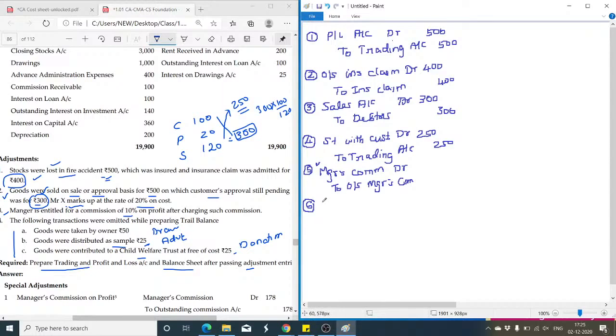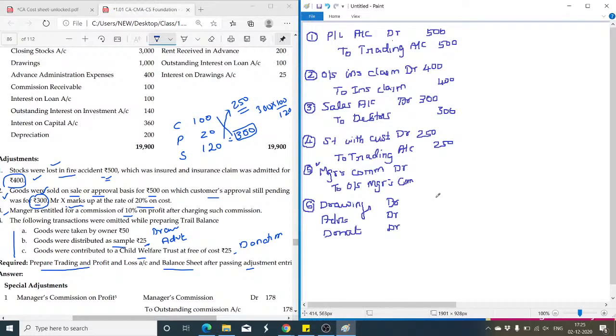Here, the entry will be drawings account debit, sample advertisement account debit, and welfare is donation, so donation account debit. I pass the combined entry here.